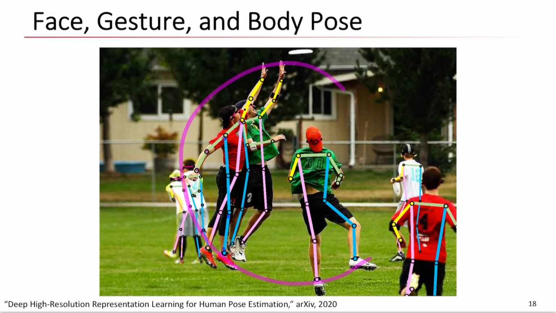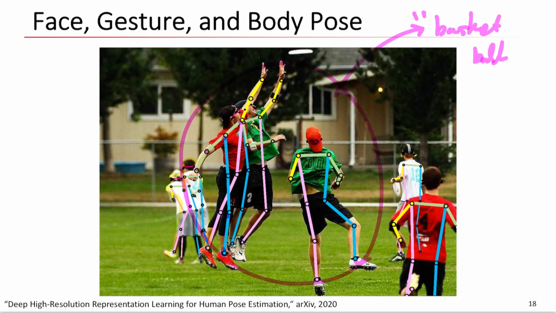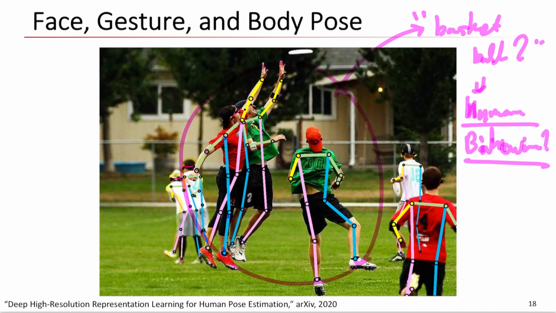From here we can imagine they are playing basketball, maybe. Anyway, we can analyze the human behavior by using the deep neural network.